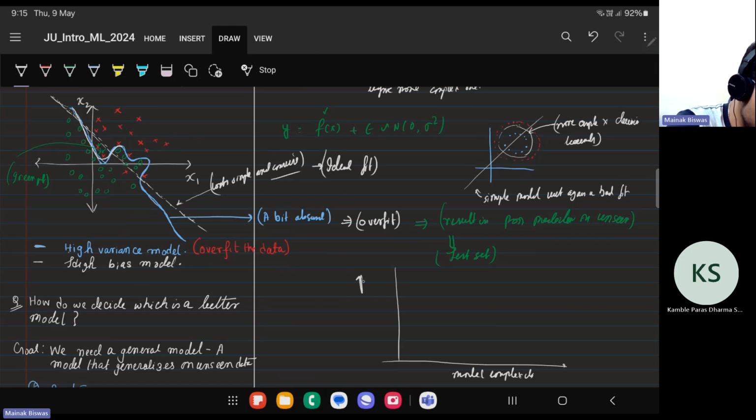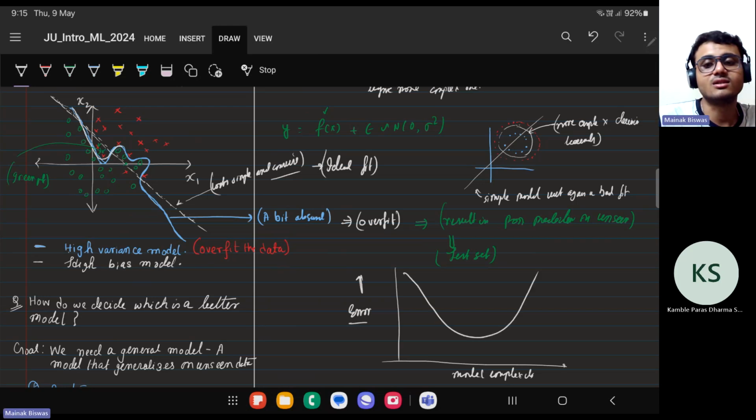So intuitively speaking, if you have model complexity on the x-axis and you have performance or error, so error is inversely proportional to the performance. You should have something like this as the curve. You will see that there is an optimal model complexity for a problem. So for predicting images versus a ChatGPT algorithm, every one of them has a different complexity level that they need to find.